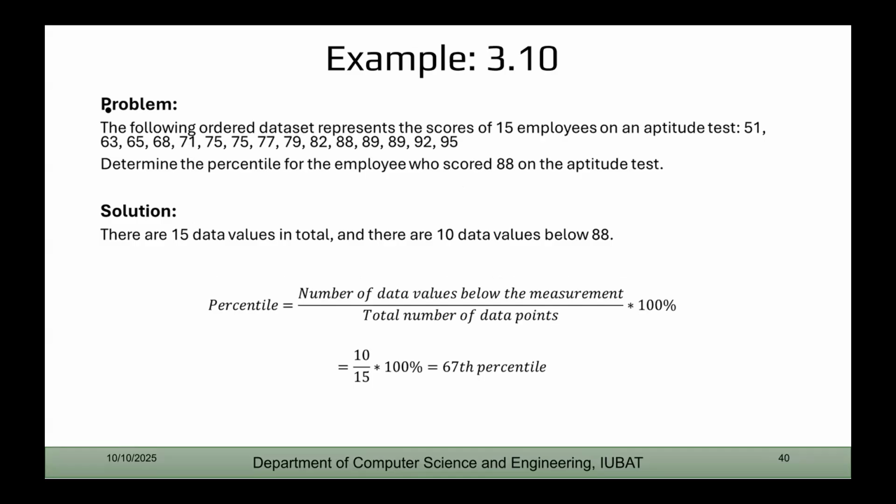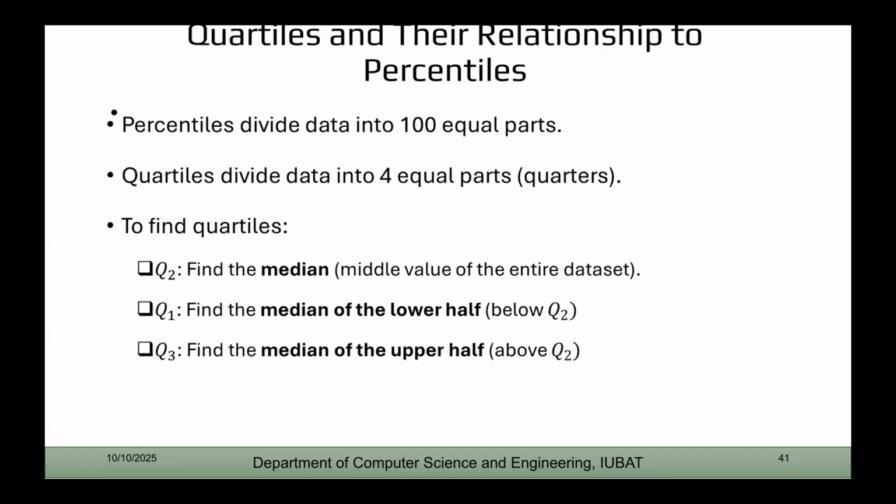But quartiles are not the same. Quartiles divide our data into 4 equal parts, 4 quarters you can say: 25, 25, 25. But to find the quartiles, what can we calculate and what are the steps?